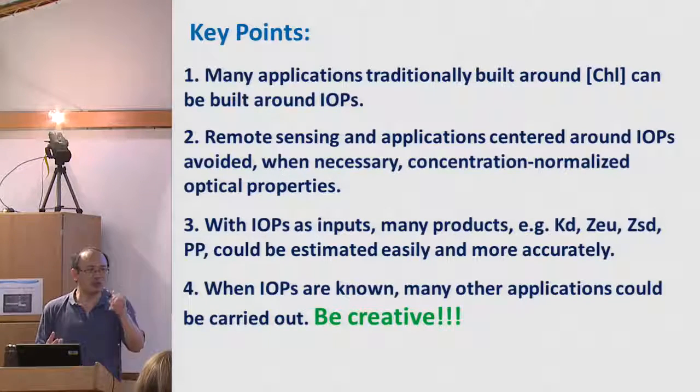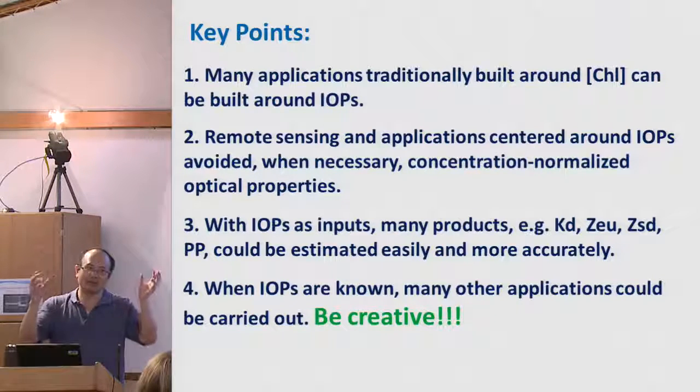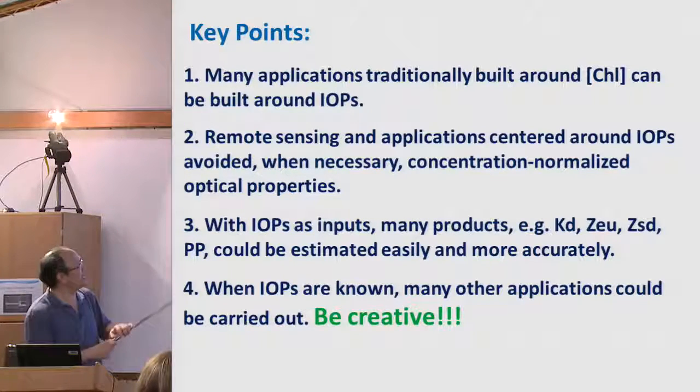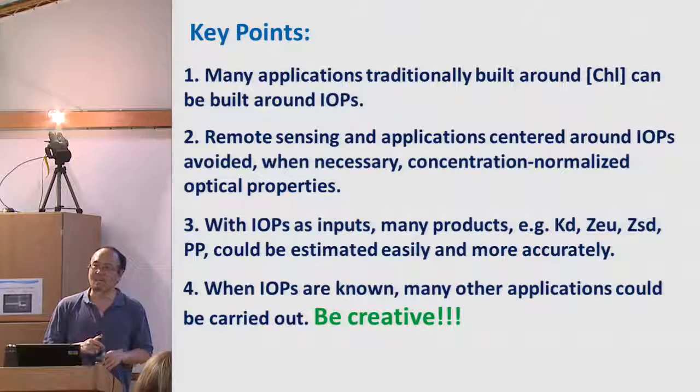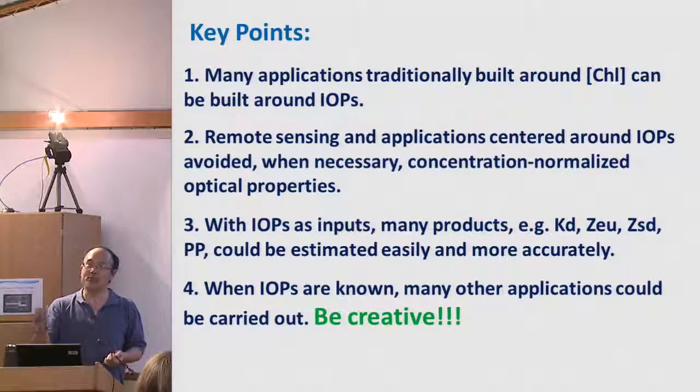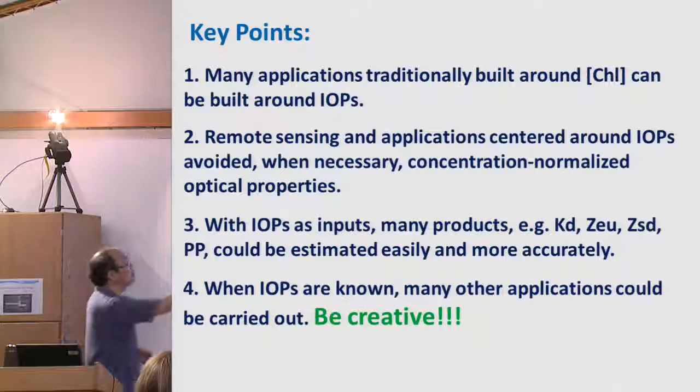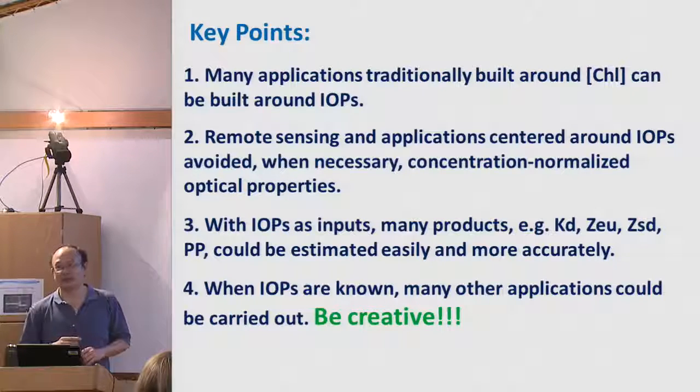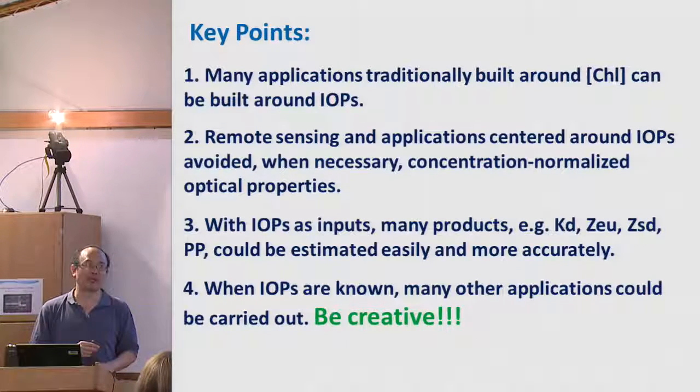This concentration normalized property is never a constant. It varies very much spatially and temporally. Without a good handle on this normalized property, we can never do a good job on estimation of the concentrations, especially chlorophyll. So if the application can be built using simply IOPs, then you bypass this difficult to handle optical property.